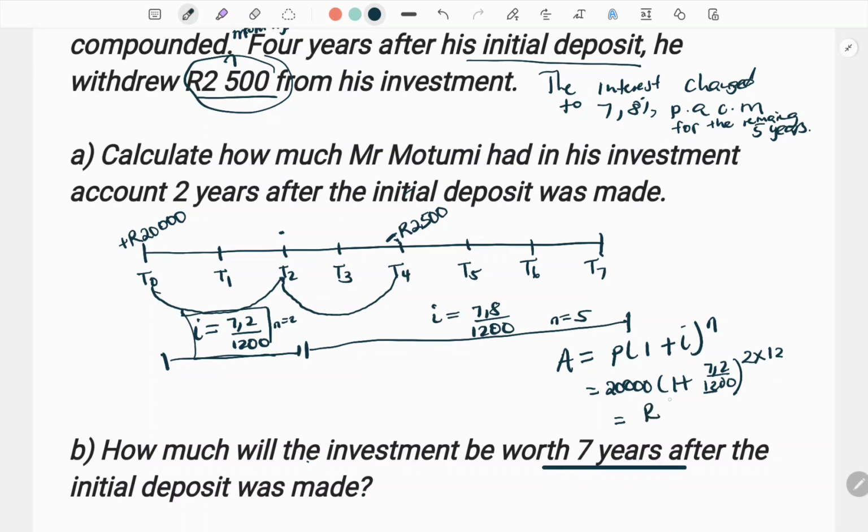Then you get the answer of what? Let me punch in your calculator. 20,000 times (1 plus 7.2 over 100) exponent of 2 times 12. We get 106,097.43.